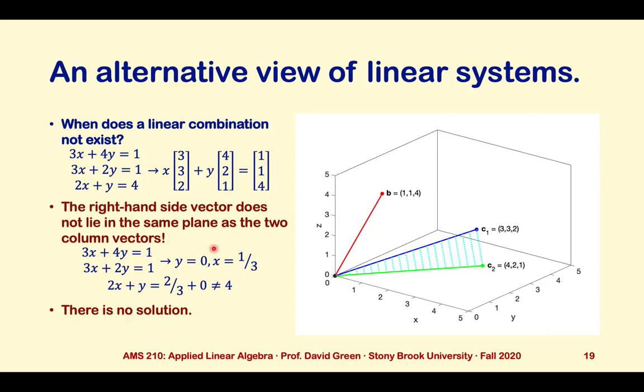But if we then plug 0 and 1/3 into this last equation, we get 2x plus y is 2/3 plus 0, which is 2/3. It isn't 4. We don't have a consistent solution. Why is this geometrically?